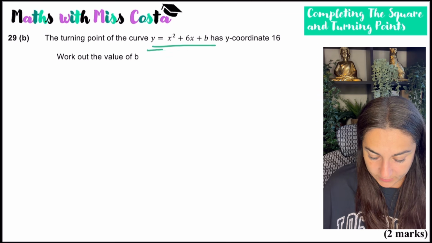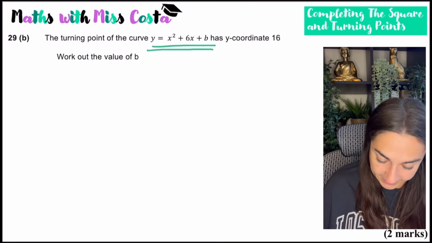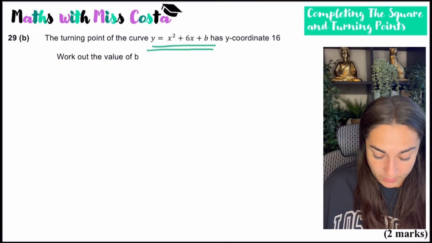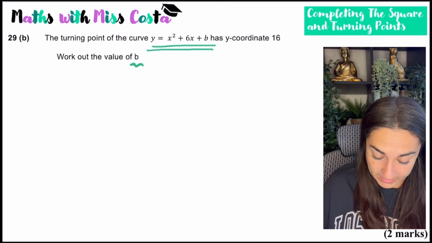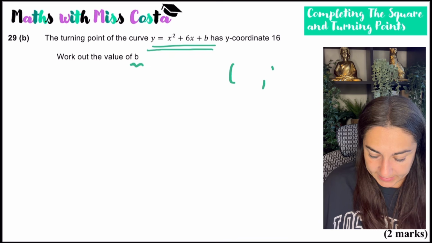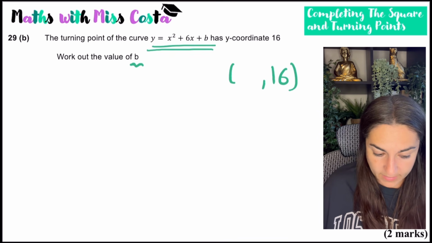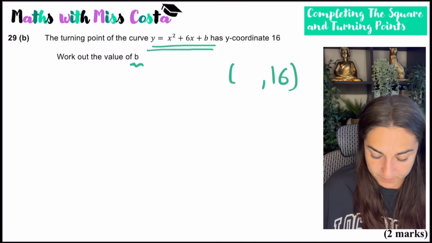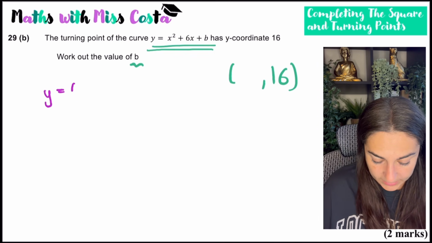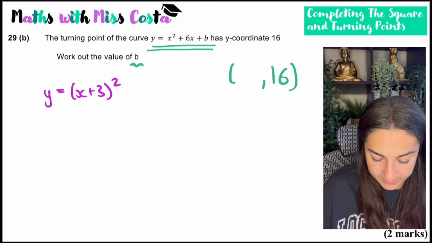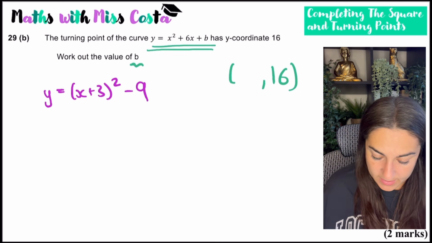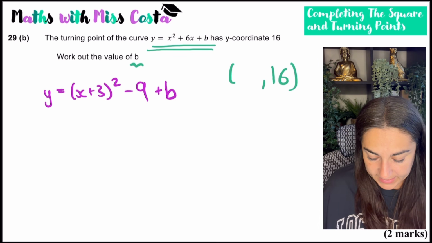For the next part of the question, I am told the turning point of the curve y equals x squared plus 6x plus b has y coordinate 16. So I need to work out the value of b. So let's start by completing the square. y equals (x plus 3) squared, I'm going to subtract 9, and then plus whatever b is.